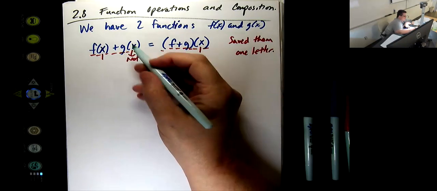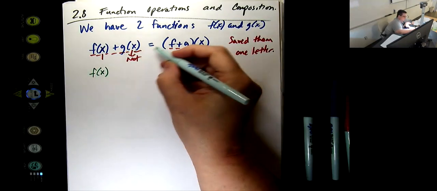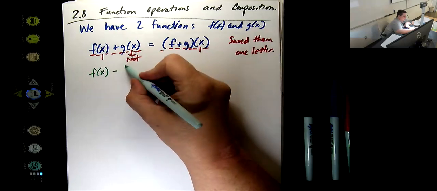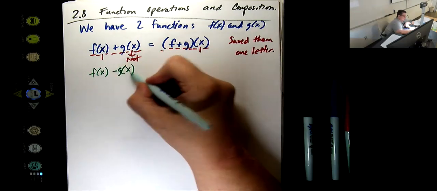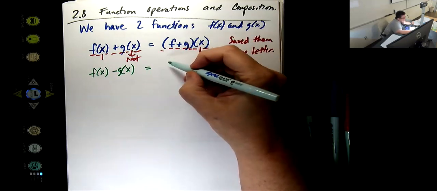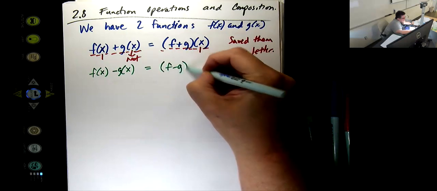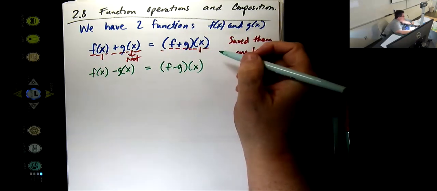I have to be stuck with what a bunch of amateurs like Newton and all those people came up with. We have f of x minus g of x. Guess what happens here? Negative, instead of a positive.